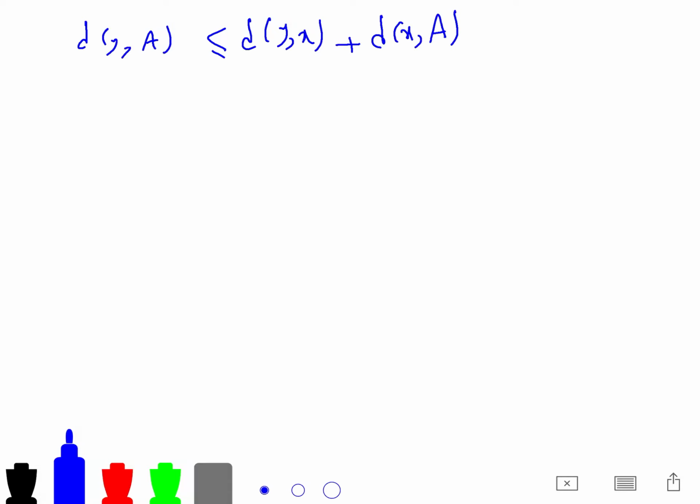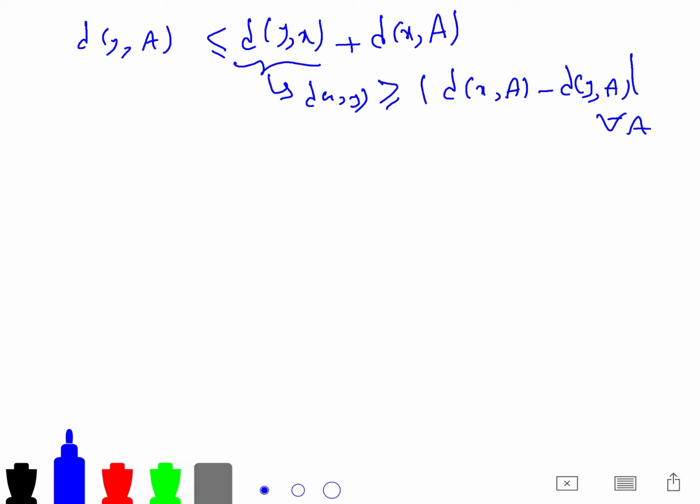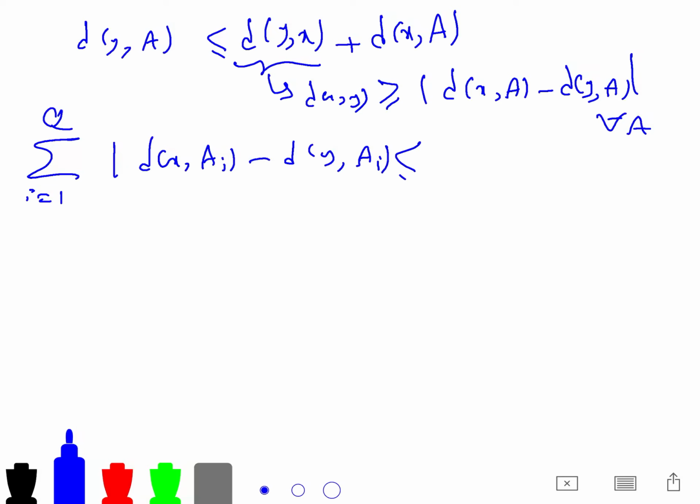And then we can use d of x and y for this. d of x and y is greater than d of x and a minus d of y and a for any set A. And because you can write this for any set A, then you can write the sum of d of x and ai minus d of y and ai is less than c log n times d of x and y.